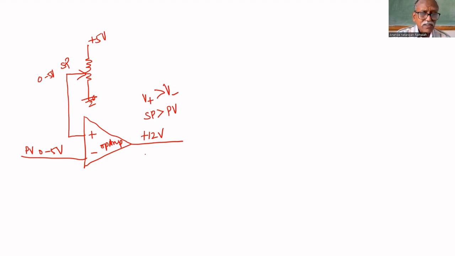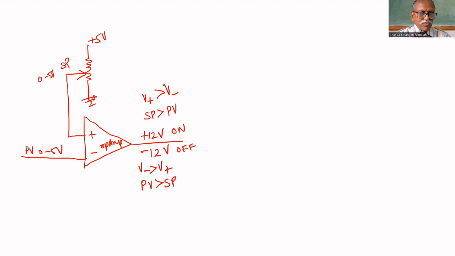It will saturate to minus 12 volt if V minus is greater than V plus, or the process variable is greater than the set point, which means it crosses 60 degrees centigrade. That's all. So the output is either plus 12 volt or minus 12 volt. This is on, this is off.